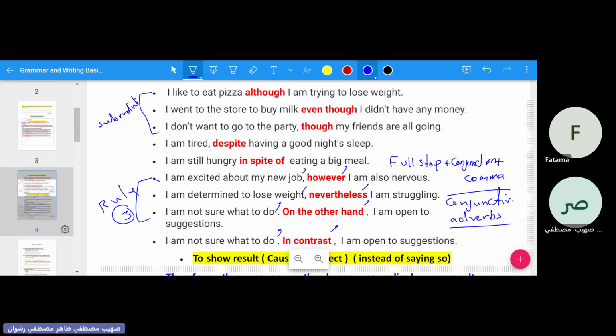So correct number 3 again. Okay, you don't need a comma after despite. Other than that, all are correct. Well done.